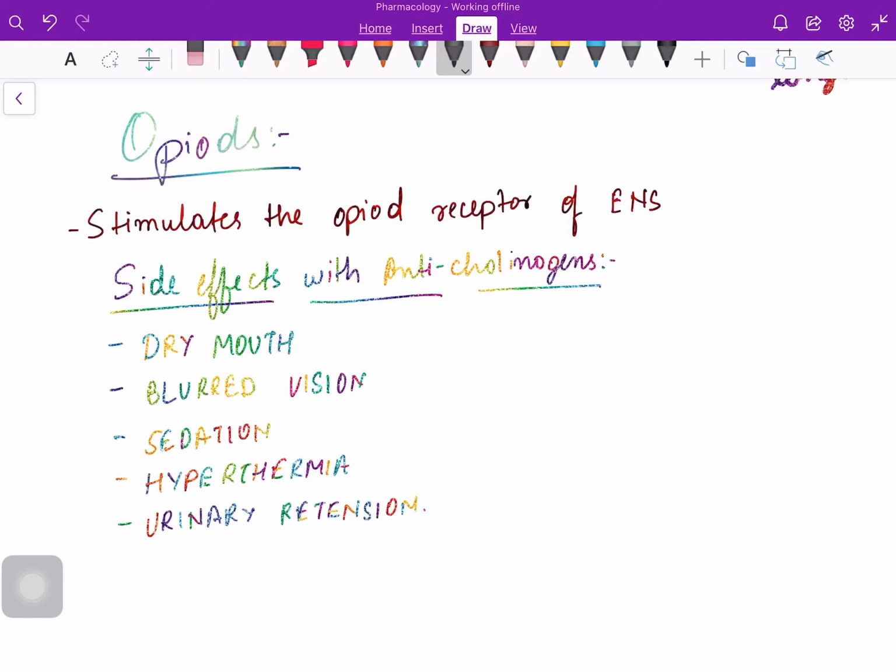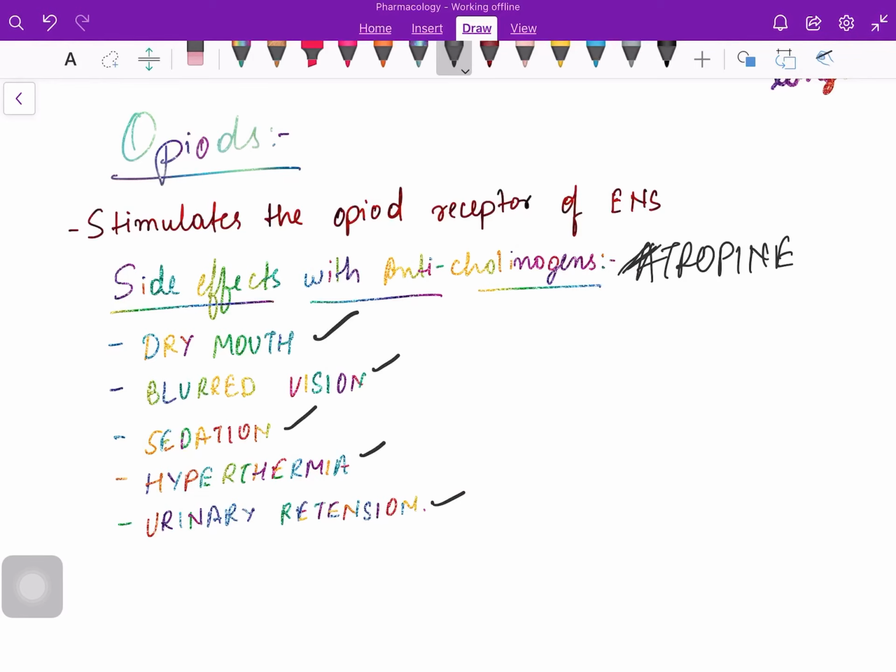And diphenoxylate, some penetrates into the CNS, but it is mainly given with an anticholinergic because it's an opioid. To decrease the abuse of the opioid, it's given with an anticholinergic, that is atropine. When it is given with atropine, there are some side effects like dry mouth, blurred vision, sedation, hyperthermia, and urinary retention.